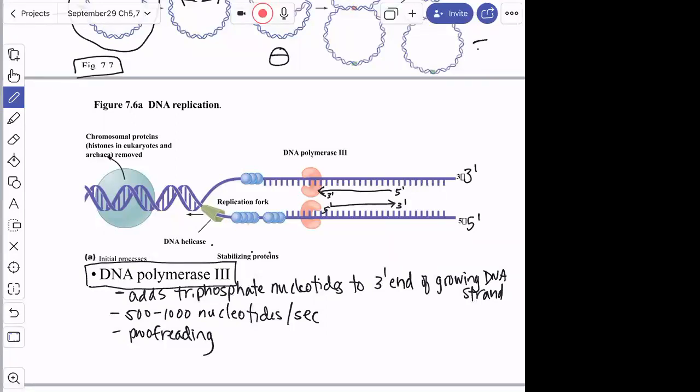In other words, it checks for mismatch errors, adding the wrong base, maybe one that wasn't complementary to the template. So it has a proofreading exonuclease function, because it's really important to copy it correctly.